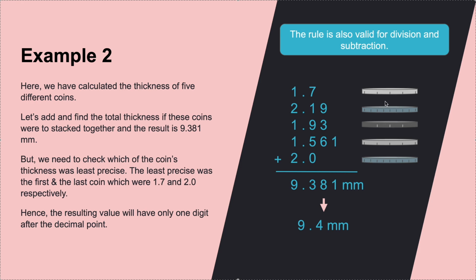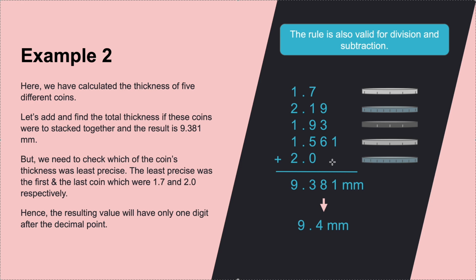Basically, we have measured the width of the individual coins with different instruments that have different precisions, given as: coin 1 is 1.7 millimeter, coin 2 is 2.19 millimeter, the third one is 1.93 millimeter, the fourth one is 1.561 millimeter, and the fifth one is 2.0 millimeter.